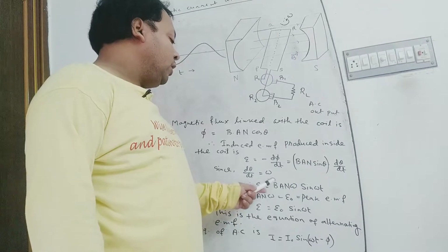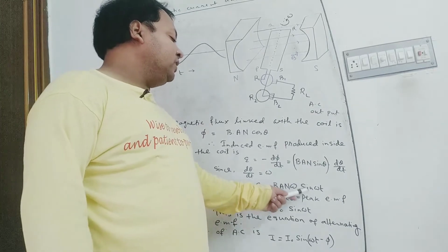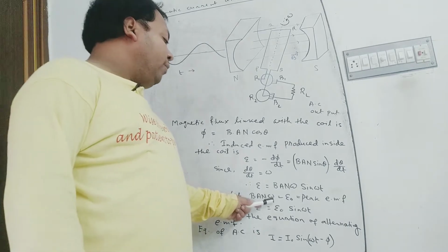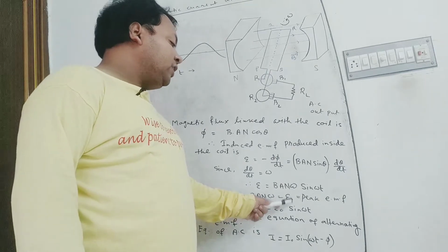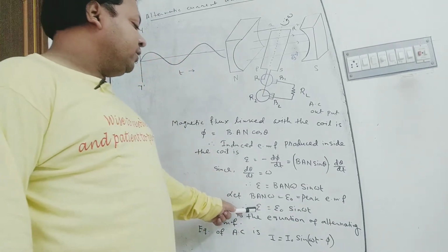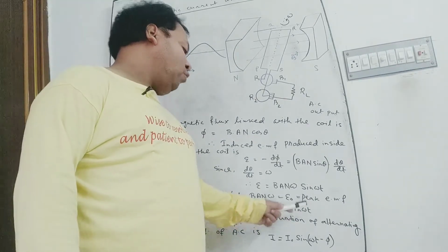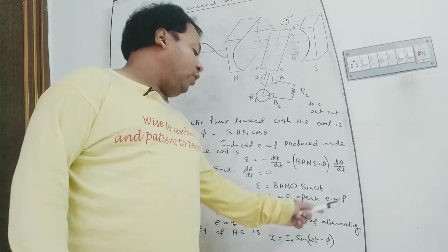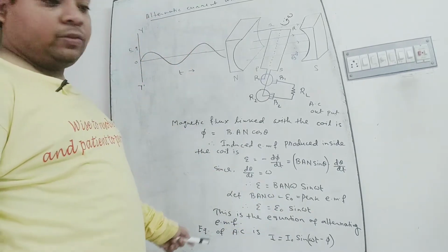Therefore, epsilon is equal to BAN omega sin omega t. Let BAN omega be equal to epsilon 0, the peak EMF. Therefore, epsilon is equal to epsilon 0 sin omega t. This is the equation of alternating EMF.